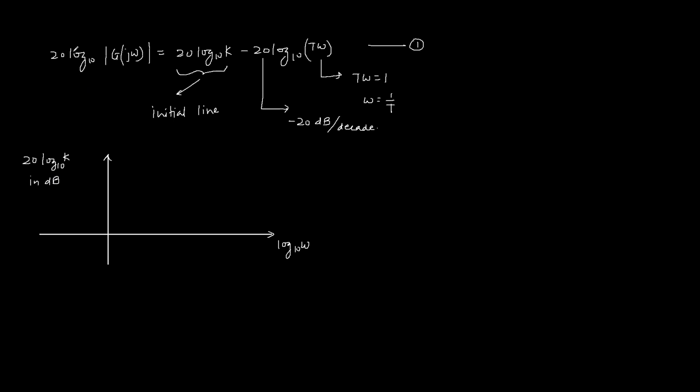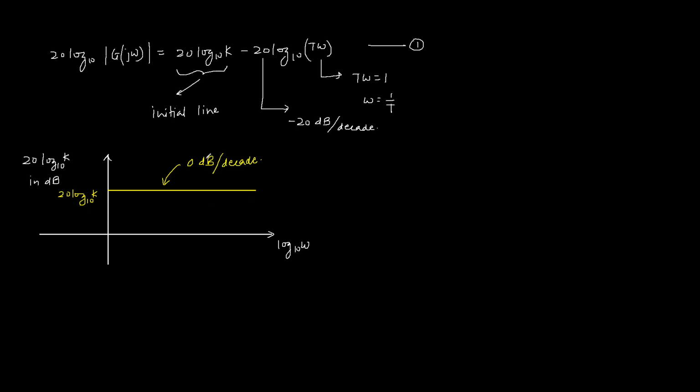So if k is greater than 1, then the value of 20 log k base 10 is constant. So the first line, initial line, is flat line or horizontal line. Its value is constant for all frequencies, and that value is 20 log k base 10. Here the slope is 0 dB per decade.